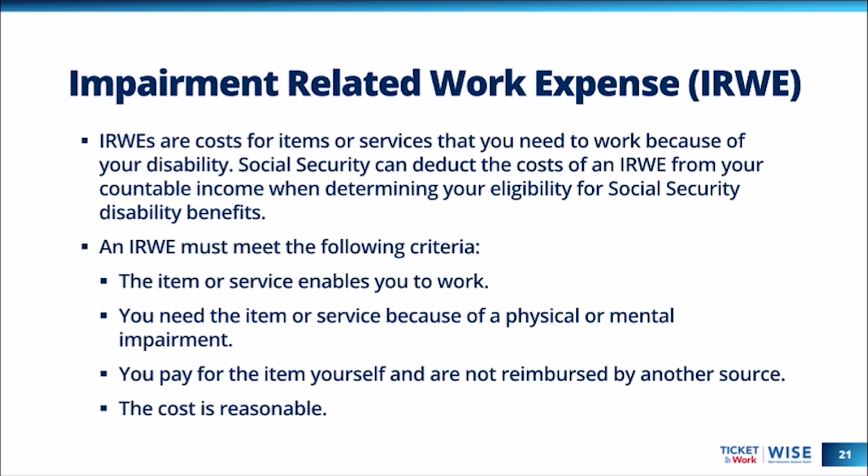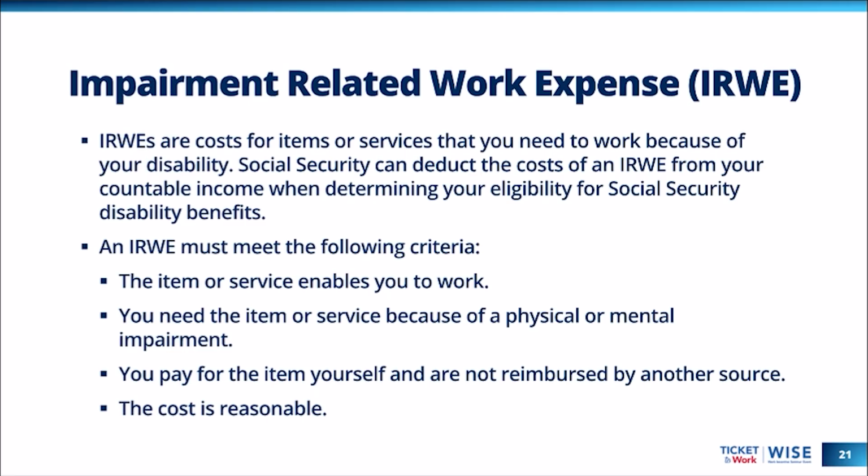Impairment-related work expenses, or as I affectionately call them, these are a few of my favorite things. They're called IRWEs, and they are costs for items or services that you need to work because of your disability. If you are paying for them out of pocket without reimbursement, Social Security can deduct the cost of those items or services, as an IRWE, from your countable income.